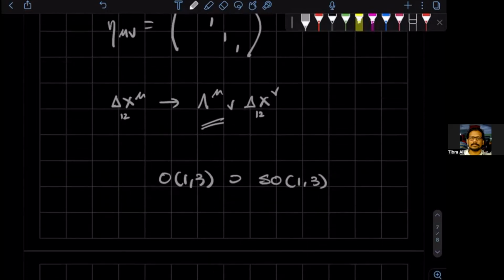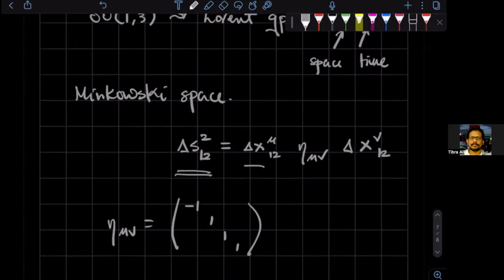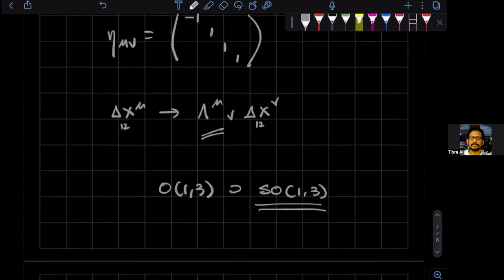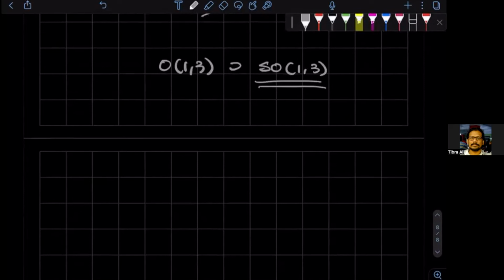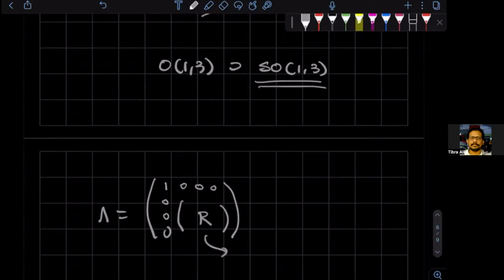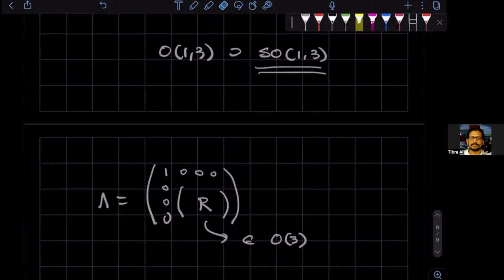Okay, this is mathematically what we know as the Lorentz transformation. So if you take the Lorentz transformation matrix and look at the 3 by 3 matrix here, then these matrices form the group O(3). The SO(3) part of it are the rotations.